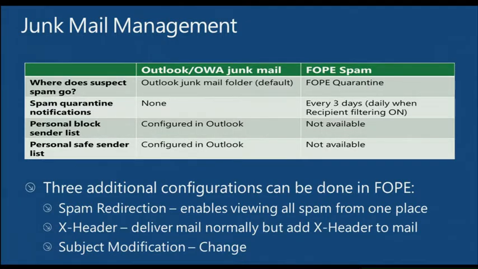It's not something governed by FOPI, but we can put in that placeholder so that something else can pick that up and do some more processing with that email. And then the very simple one, we can change the subject. We've all seen email that's got likely spam in bold letters at the beginning of the subject. So that's something we can do there, again just to give a little further visible information to the end user.